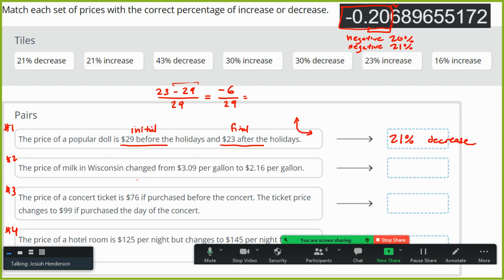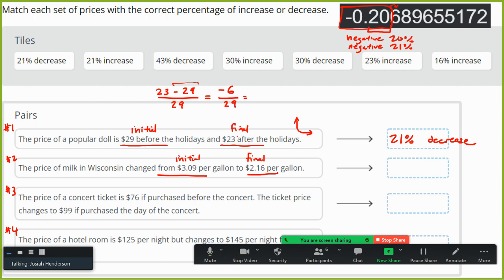Let's look at the number 2 question together. The price of milk in Wisconsin changed from $3.09 per gallon to $2.16 per gallon. Because they've set it as it changed from 3 to 2, that's our clue that this 3.09 is initial, and this 2.16 is our final.